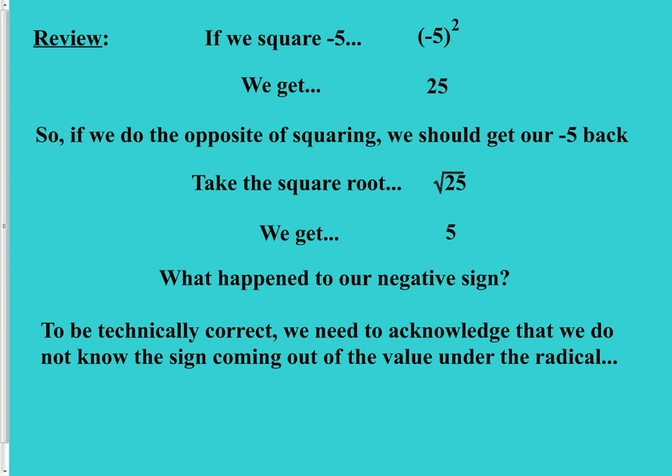So if we take the square root of a number, we have no way of knowing, was it a positive number that got squared or was it a negative number that got squared? We just don't know. So when we take the square root of a value, and this means when you cause a radical to happen in a problem, you have to acknowledge that it could be a positive 5 that ended up in that 25, and it could have been a negative 5 that ended up in that value.